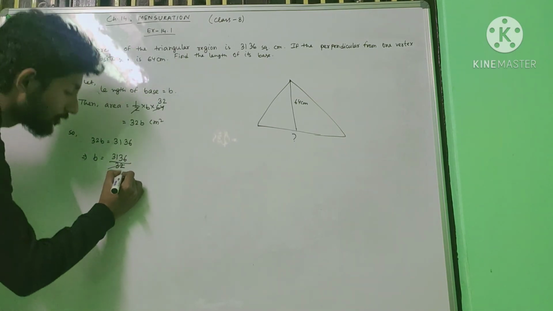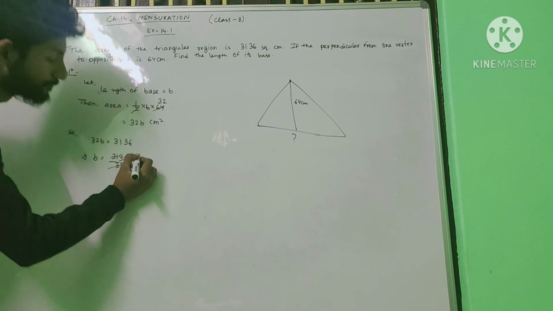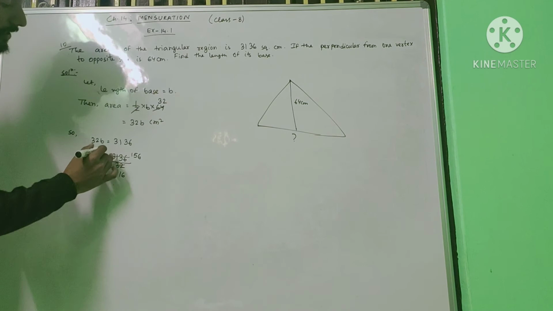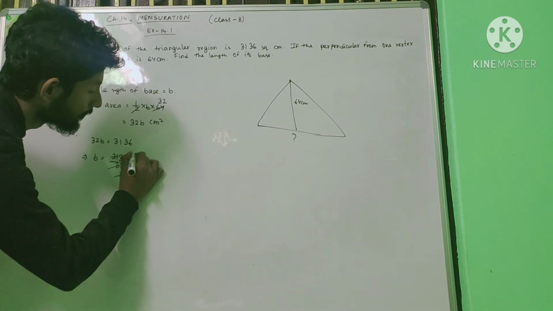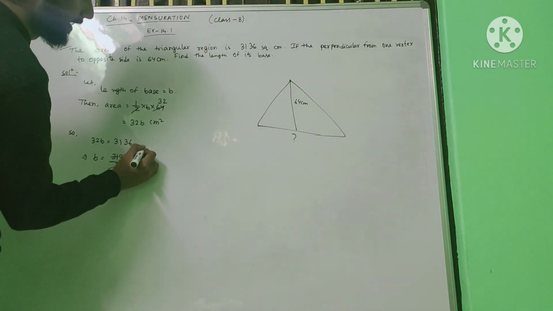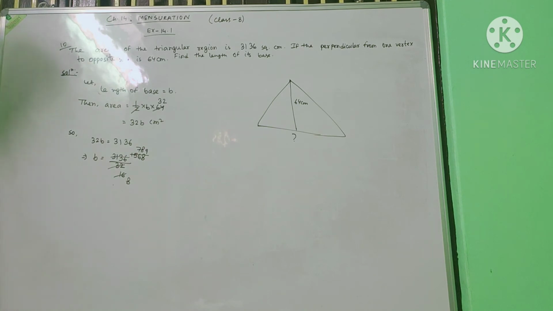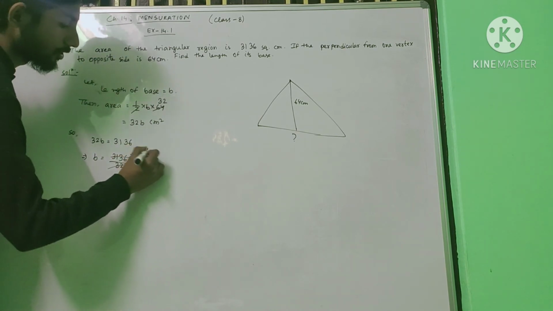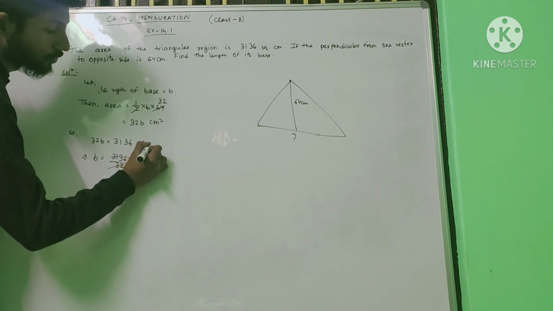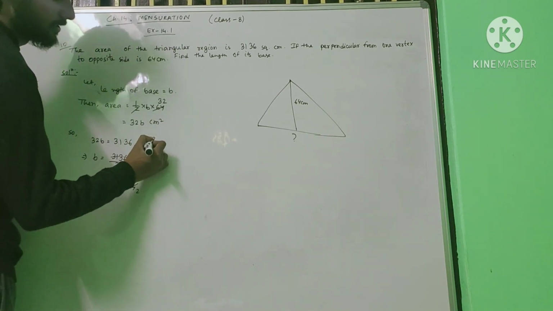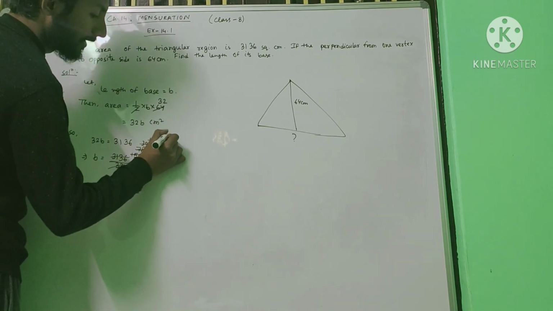We can cut this one with 2, then again with 2, and keep dividing by 2 step by step until we get 98.